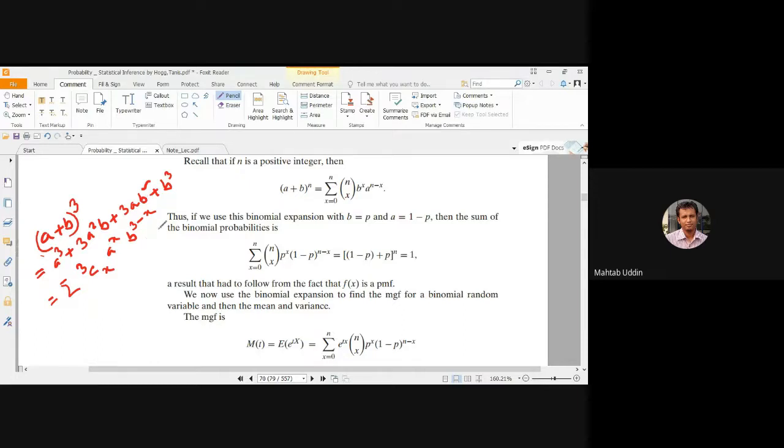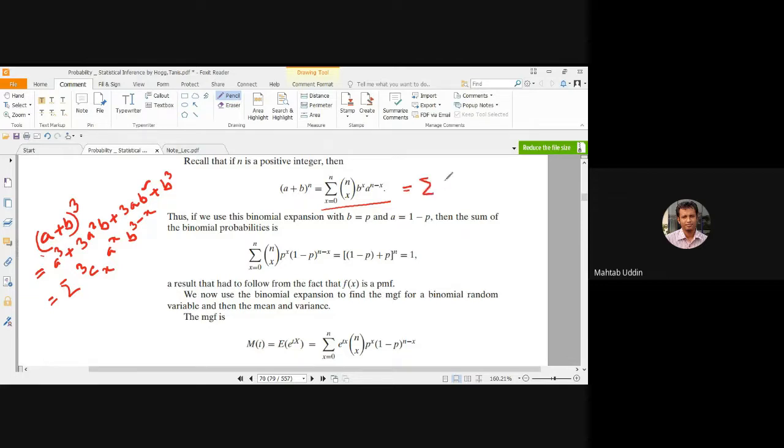Similarly, if we have n terms, you can write it in this form. That is true for all binomial series. So you can see, nCx with x from 0 to n, b to the power x, a to the power n minus x is also valid, because the binomial theorem is commutative.